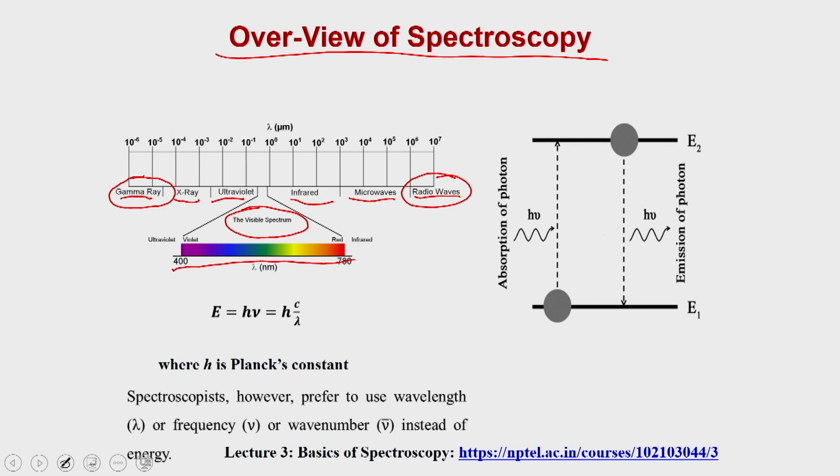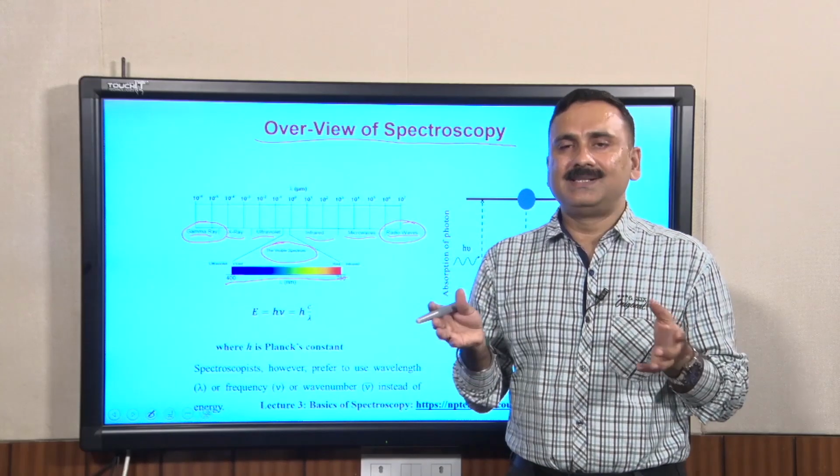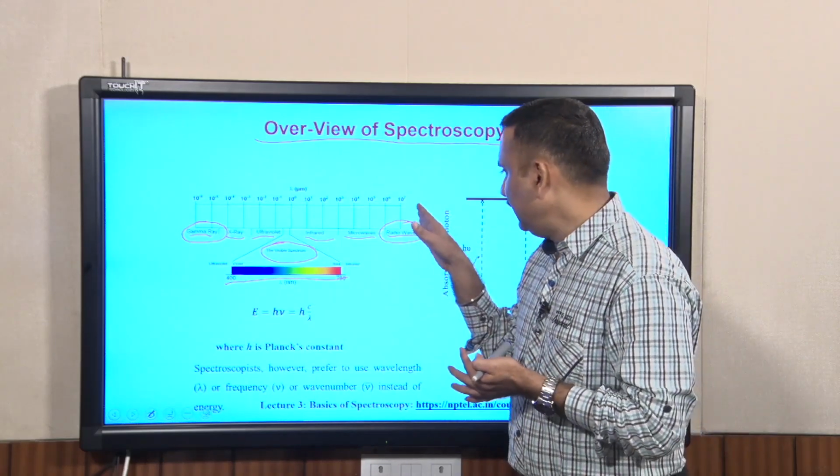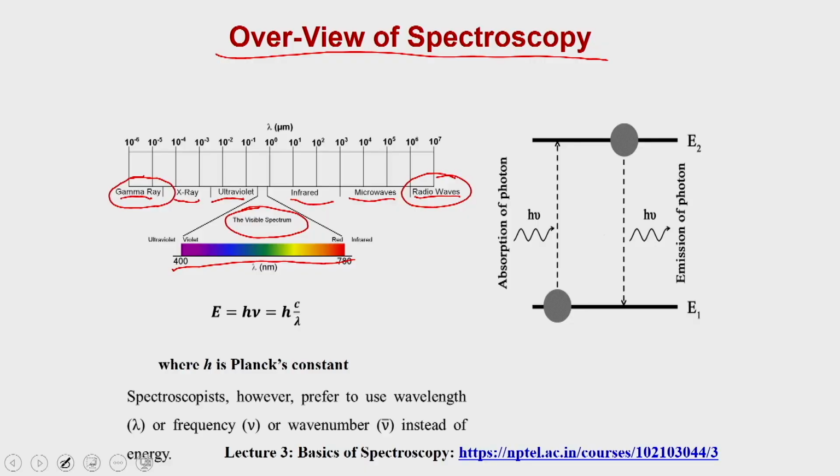The wavelengths of these lights vary very much from radio waves to gamma rays, and if you want to calculate the energy associated with each radiation, you can use the formula E equal to h nu, or E equal to hc by lambda, where h is Planck's constant.